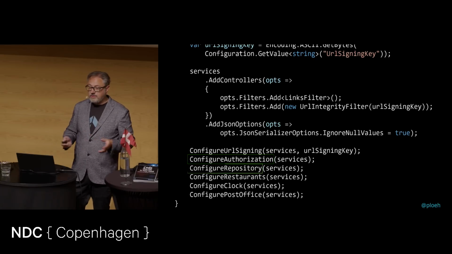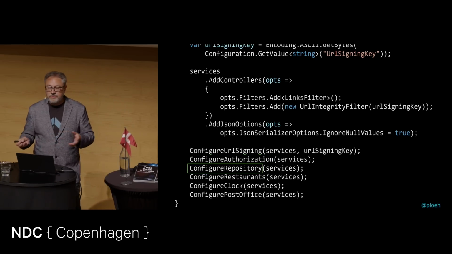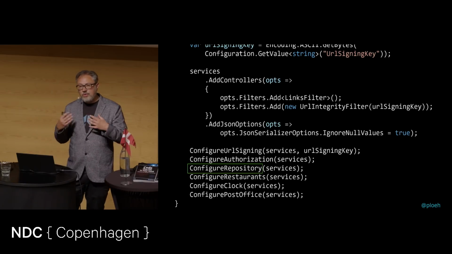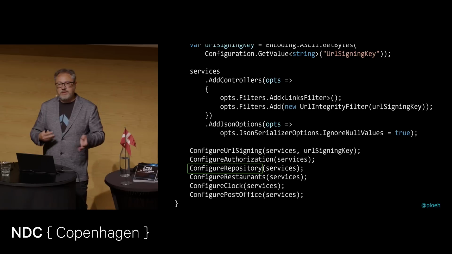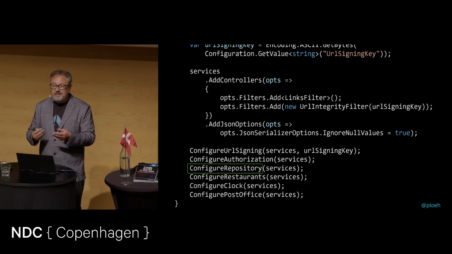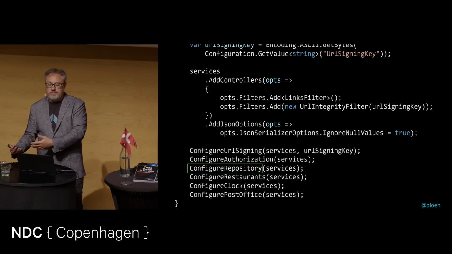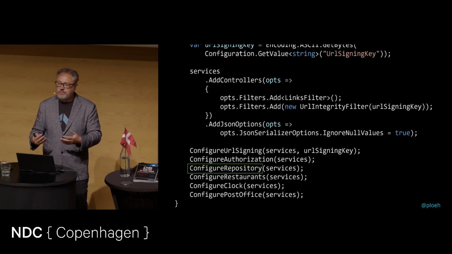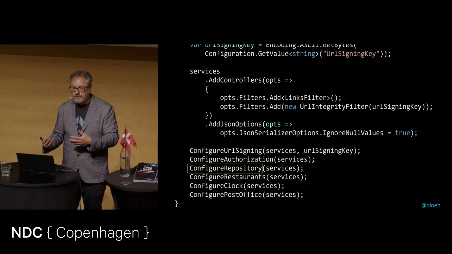And the same thing goes if you're more interested in what happens with the persistent storage in this system, you might say, repository, that sounds promising. Maybe I can learn about the storage system if I go and look at that. And again, if you navigate to that method, you should be able to learn something about how the storage system is working, how SQL Server is configured.